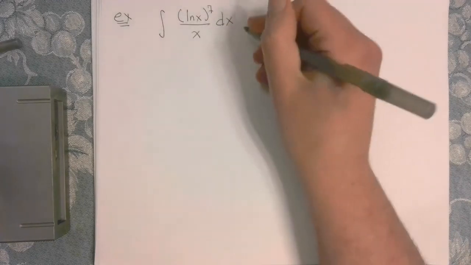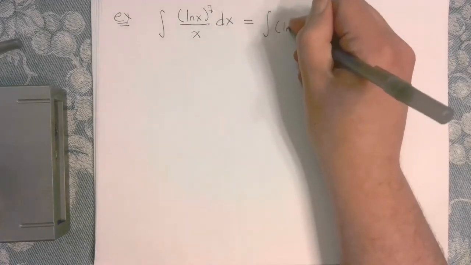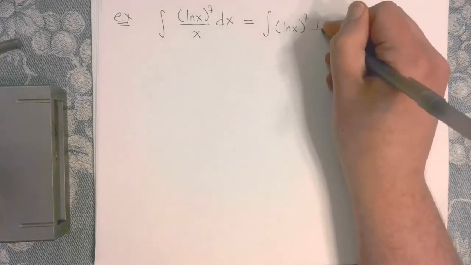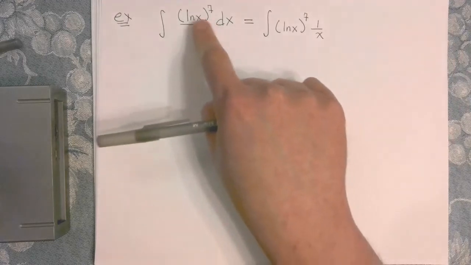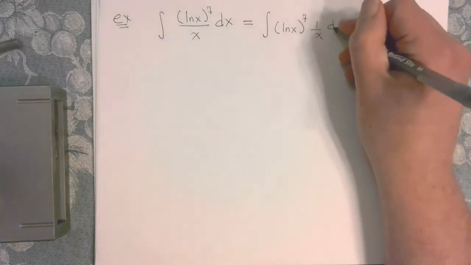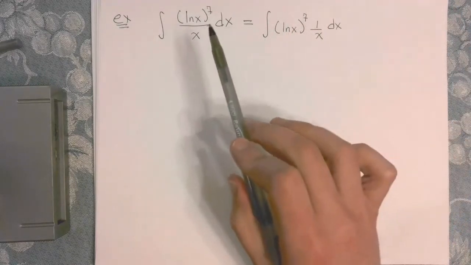So if this is bothering you, just realize that this means the same thing as this. I can always write this divided by x as times the reciprocal of x. That's perfectly fine.